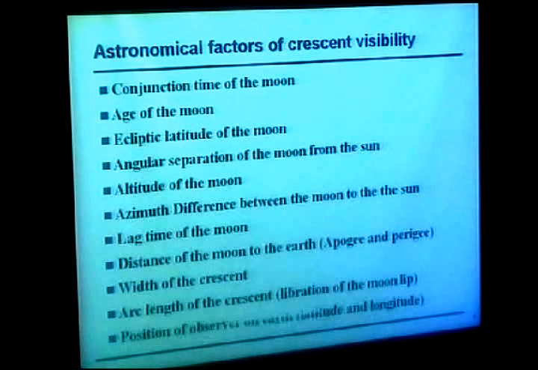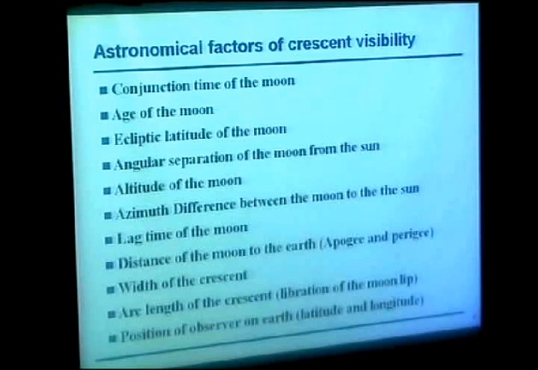Finally, the position of the observer on Earth, that means latitude and longitude of the observer.